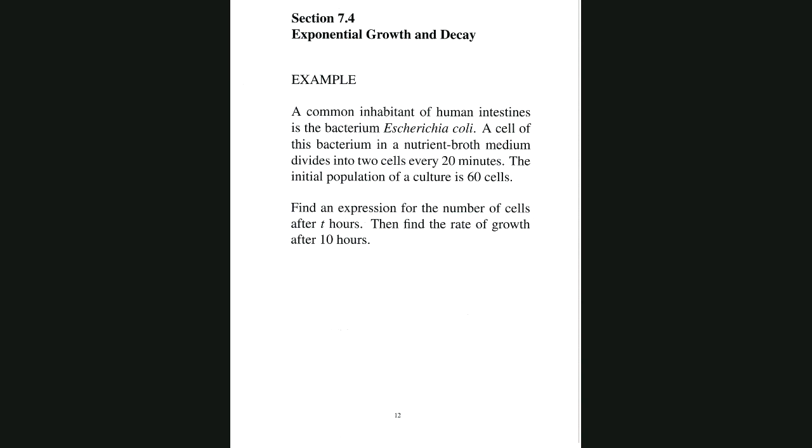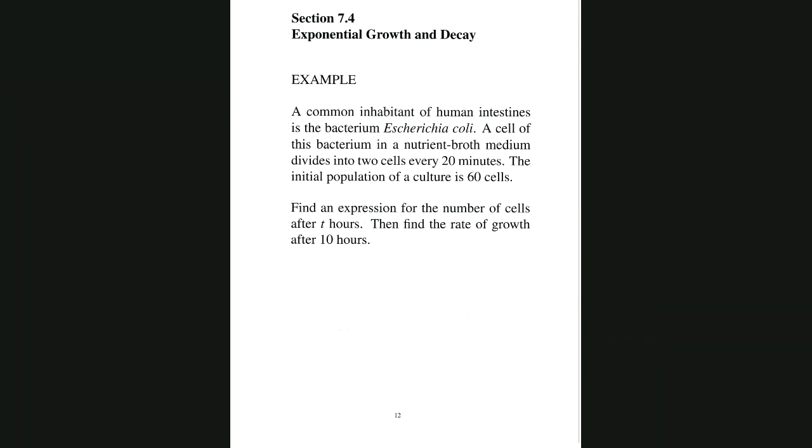All right. So in this problem, a common inhabitant of human intestines is the bacterium E. coli. A cell of this bacterium in a nutrient broth medium, like chicken soup, or, well, I'm not an expert on broth, maybe vegetable broth, divides into 2 cells every 20 minutes.